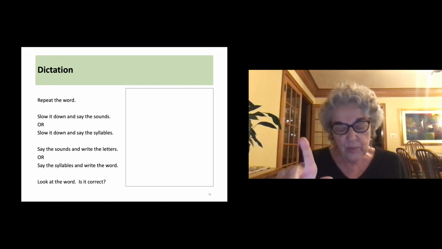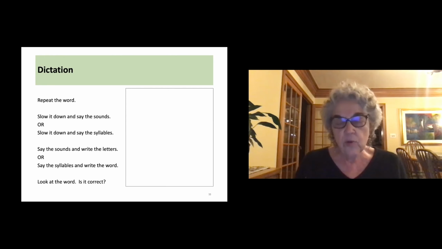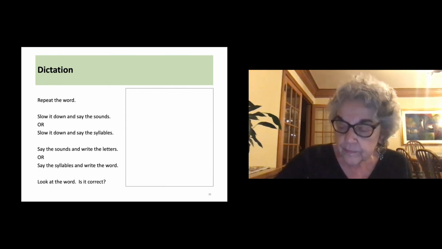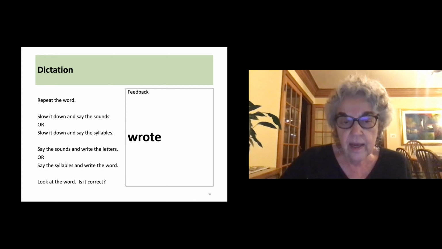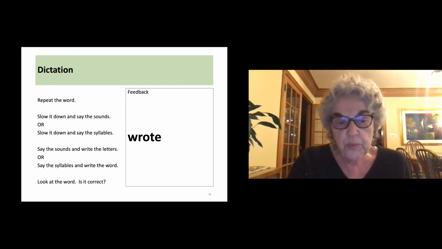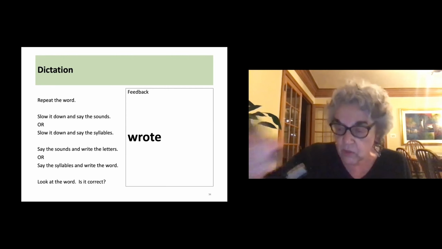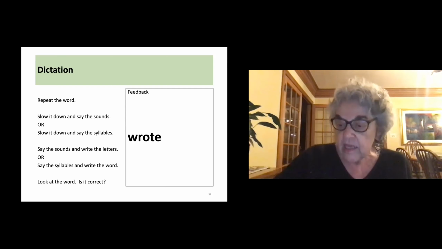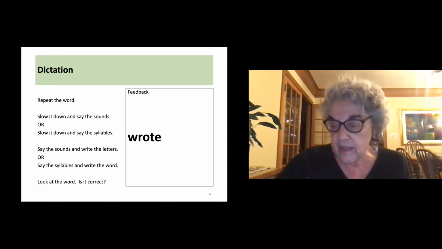So think back when we looked at the word wrote, and write it down. And check it and spell it with me, W-R-O-T-E. So I wrote it down. If you miss the word, cross it out and rewrite it again.